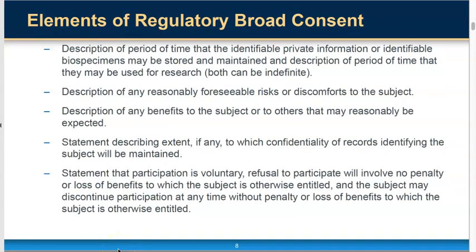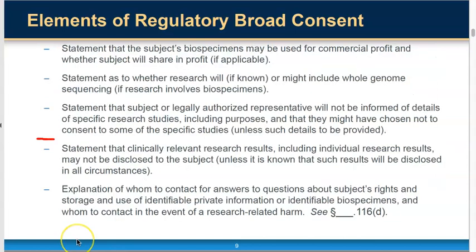On this slide, we see other elements such as risks and benefits and confidentiality. And on the next slide, we see return of results, and it says a statement that clinically relevant research results may not be disclosed to the subject.